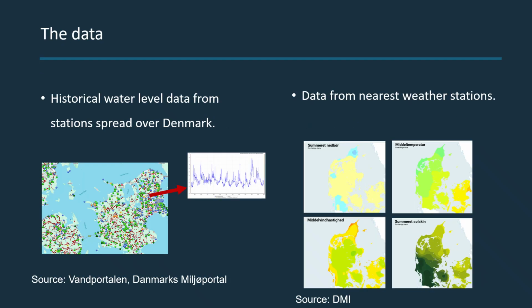The data that we have considered are the historical water levels in streams in Denmark, as you can see on the left side. This data is obtained from Vandportalen and Denmark's Miljøportal, and also the weather data collected from DME, as you can see on the right side.